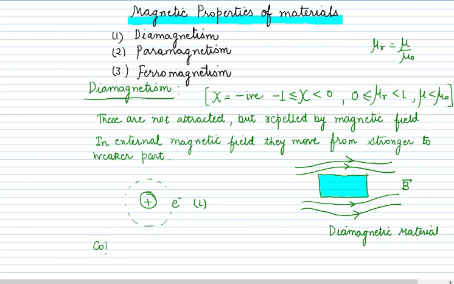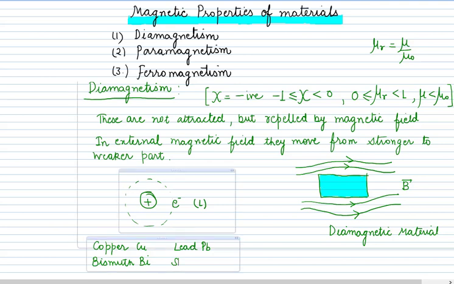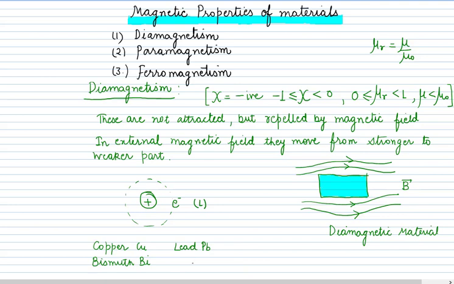If you go to copper, then copper is a diamagnetic material. Bismuth, lead, which we call plumbum, is a diamagnetic material. Silicon is diamagnetic. Nitrogen, then water, H2O, is a diamagnetic material.